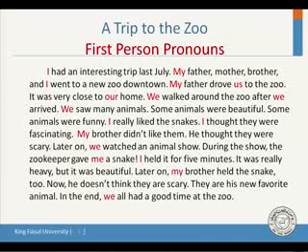They are written in red. We walked. We, subject pronoun. We walked around the zoo after we arrived. After we arrived. We saw many animals. What did we see? We saw many animals. Some animals were beautiful. Some animals were funny. I really liked the snakes.